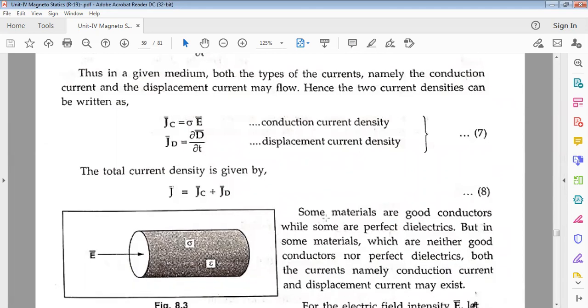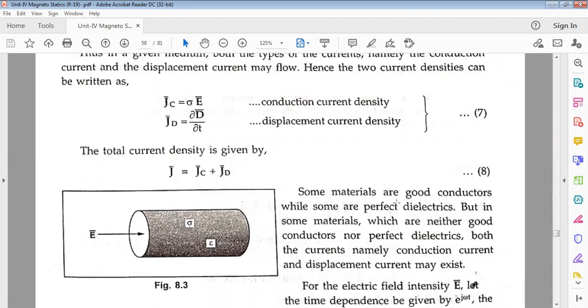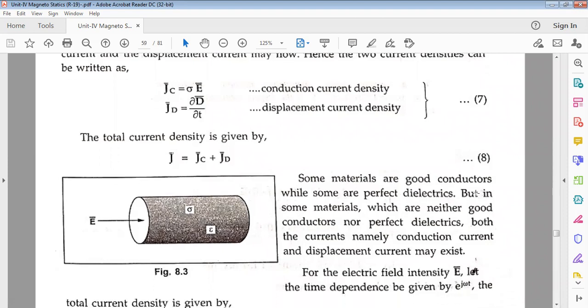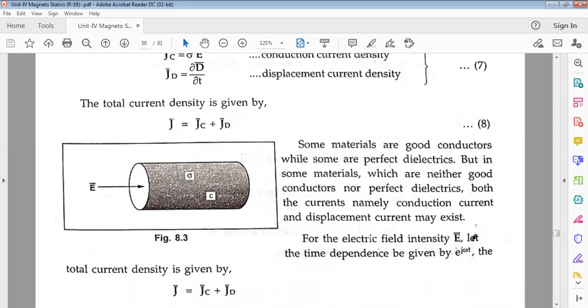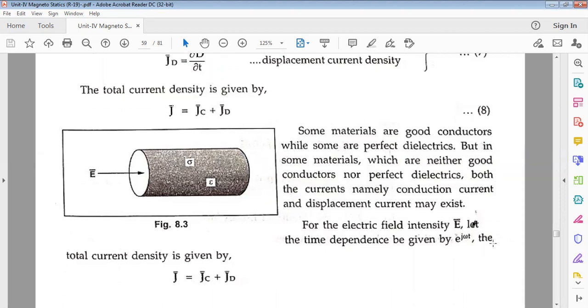Now, some materials are good conductors while some are perfect dielectrics. But there are some materials which are neither good conductors nor perfect dielectrics. In such materials, both the conduction current and the displacement current may exist. For the electric field Ē, the time dependence is given by e^(jωt).